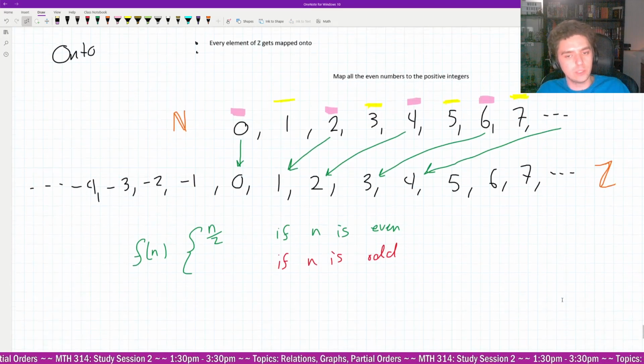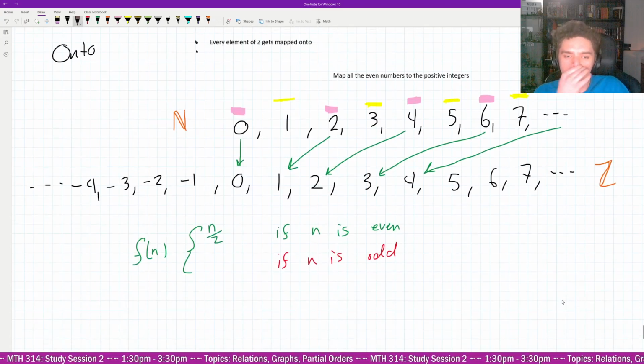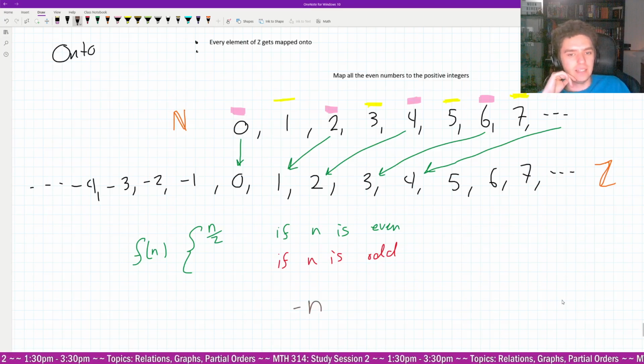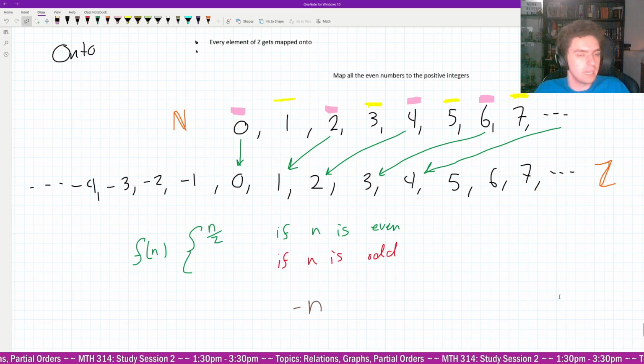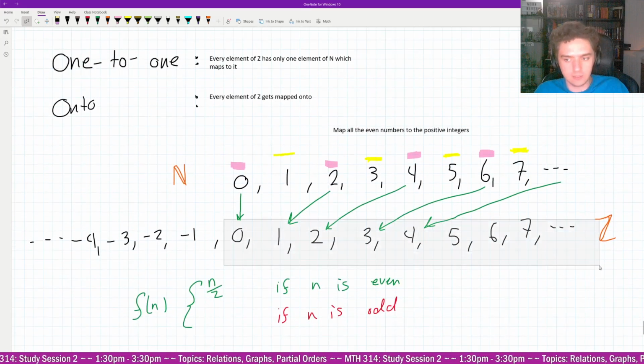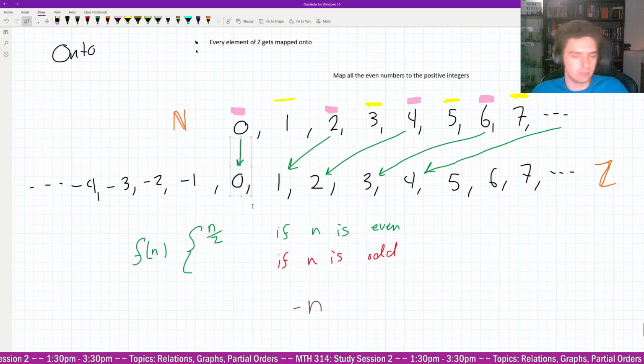So what I would do now is, first of all, I want to make it negative. So I'm definitely going to have some kind of negative n. I want to map 1 maybe to -1. But definitely I'm mapping 1 to a negative number. I can't map 1 to any positive number anymore because we want it to be 1 to 1. So all the positive numbers are taken up, including 0. Well, 0 is not a positive number, but 0 is also taken up.